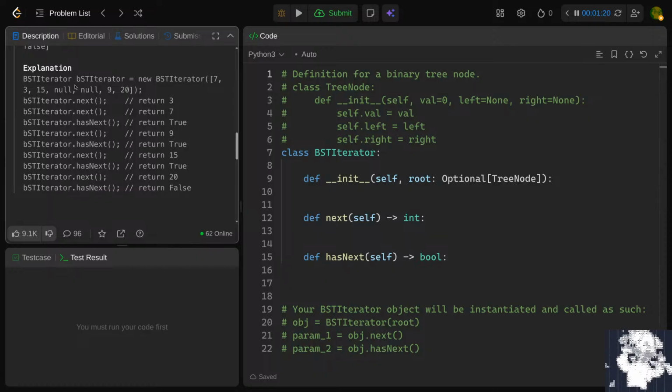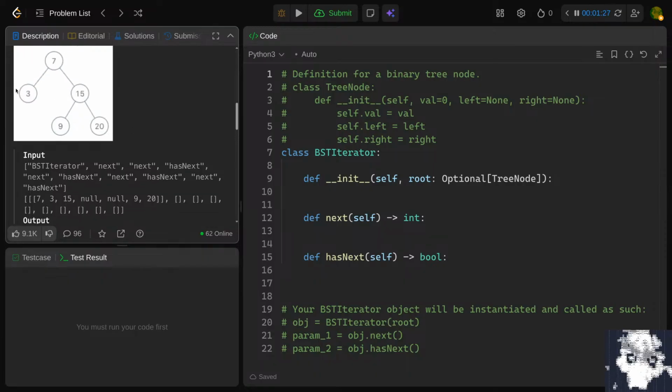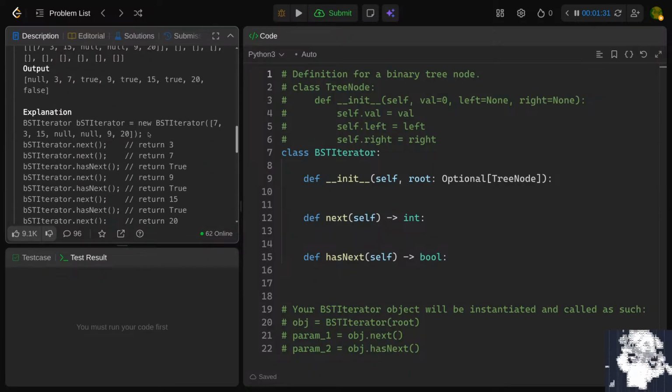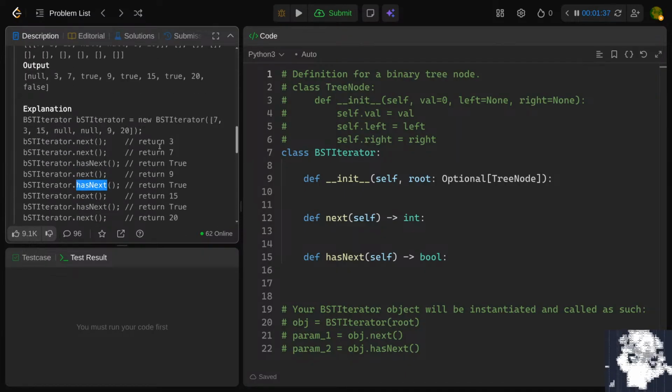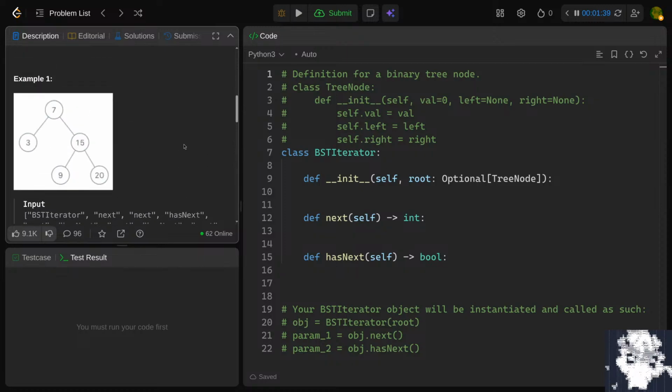So in this example, you're going to return 3, 7, 9, 15, and 20. And then hasNext just obviously returns whether or not there's something left in the list.